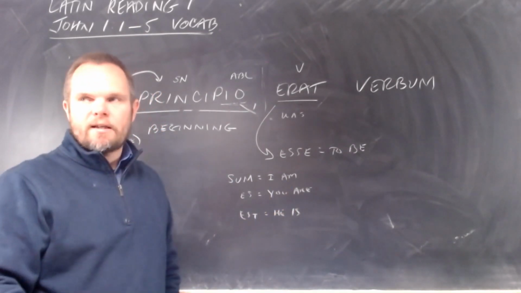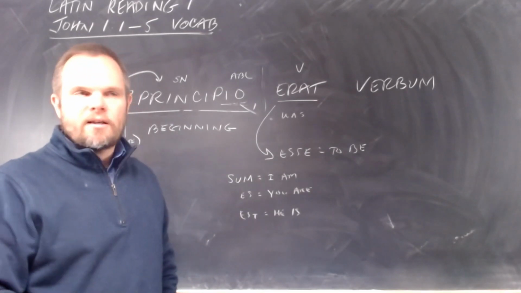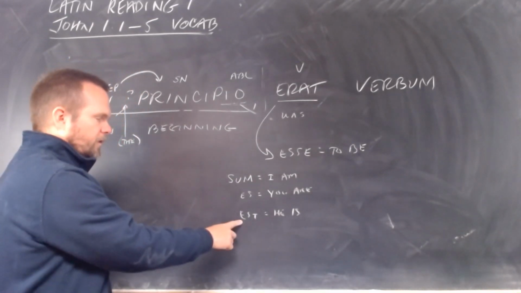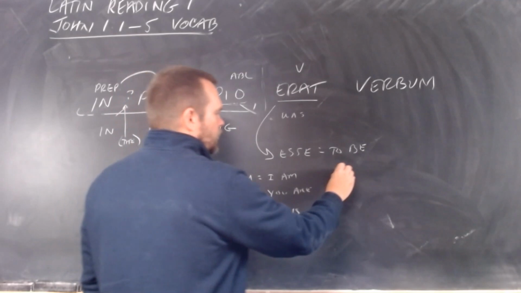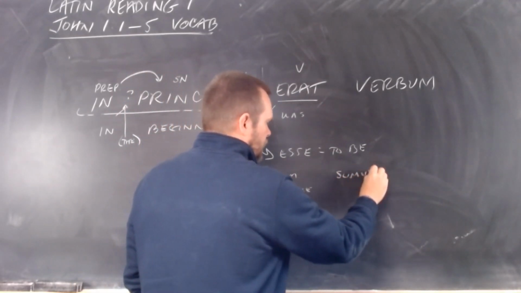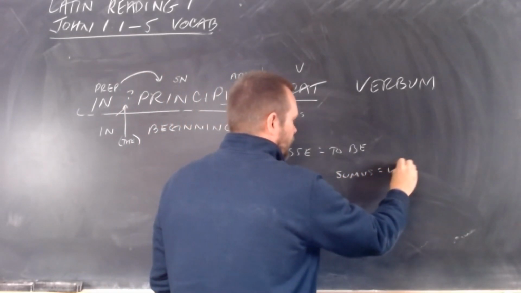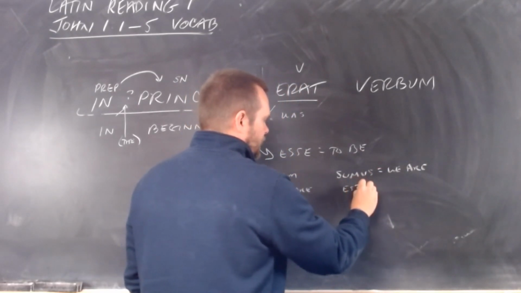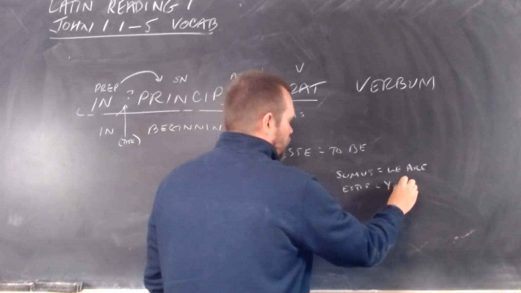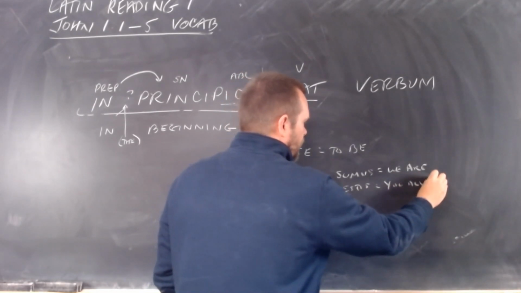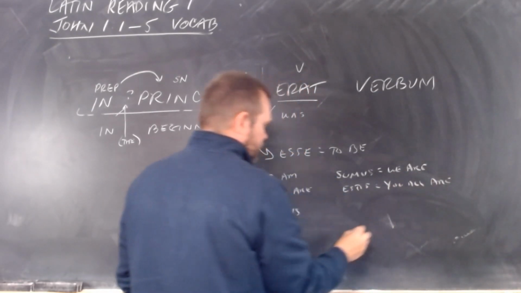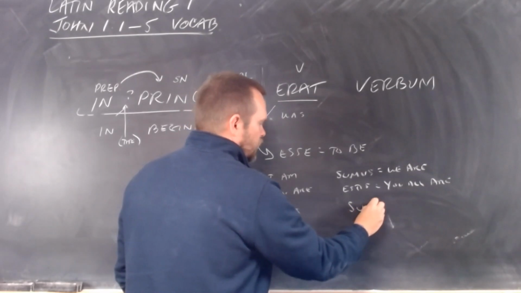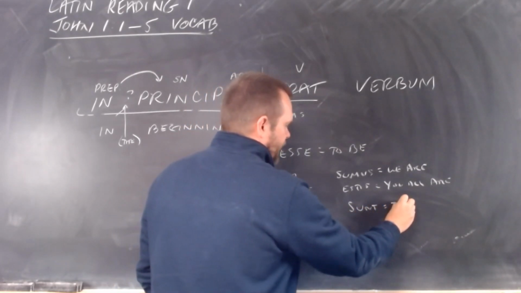He, she, it, Julius is, any individual third person, est. Sumus means we are. Estis means you, all, plural, are. And then lastly, sunt means they are.